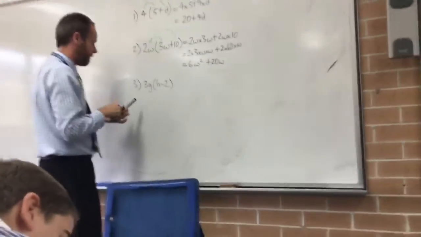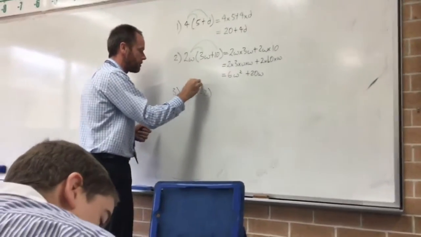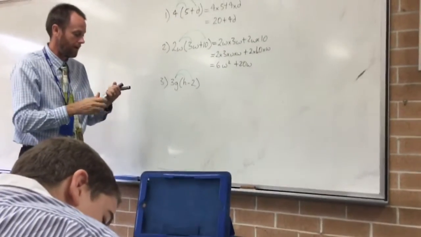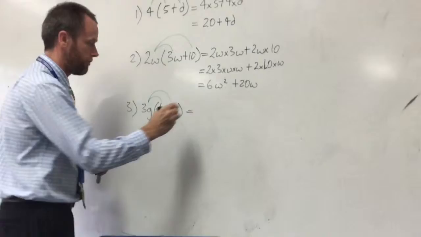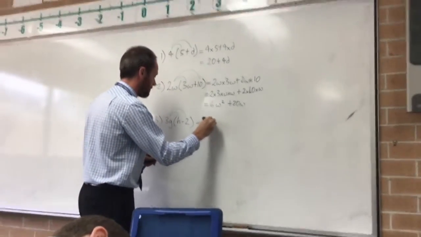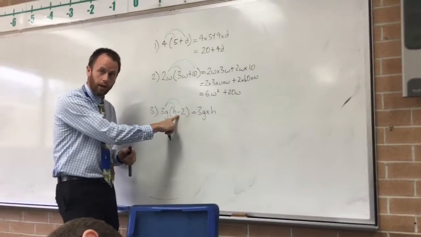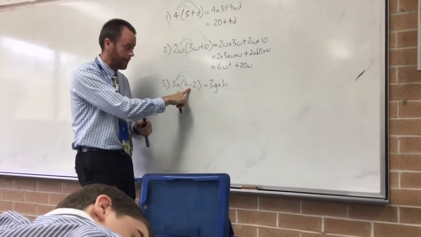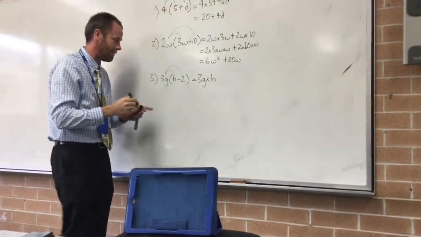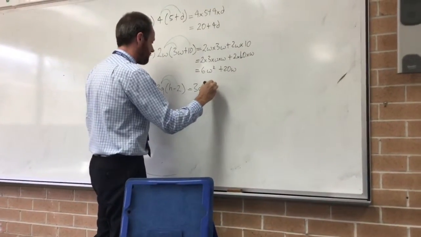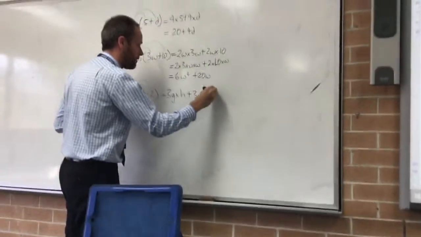So if I was to expand, if I was to make sure I multiply first each term inside by the term out the front, I then get 3g times h. I've got my negative there. Do not lose that negative. Do not let it go. Make sure you notice that negative. 3g, if we were to write it this way, times minus 2.